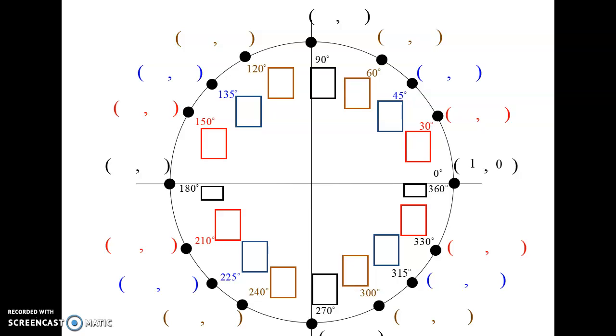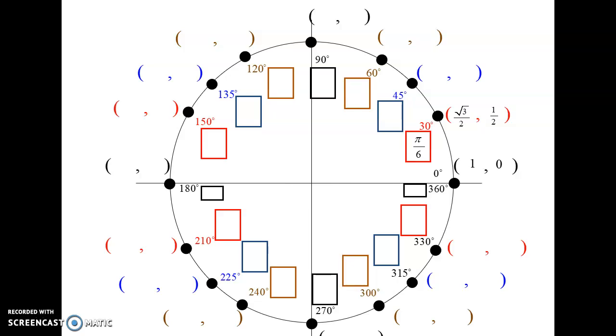If we converted 30 degrees to radians, it would be pi over 6. And now if you remember your chart, for the cosine of 30 degrees, we would have root 3 over 2. And for the sine of 30 degrees, we'd have 1/2. And that's where they come in. So if that's our point at 30 degrees, the point's going to be root 3 over 2 and 1/2.